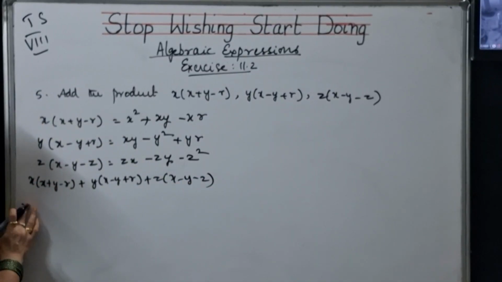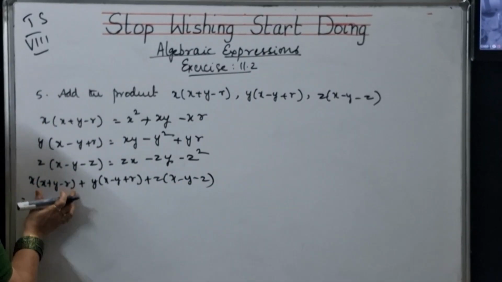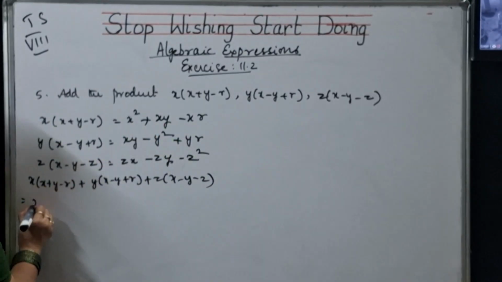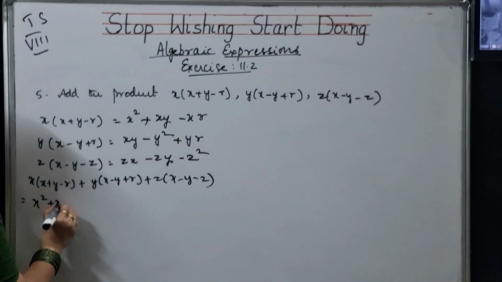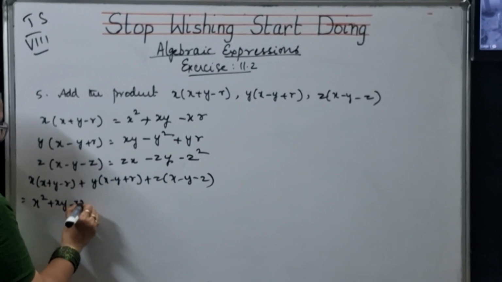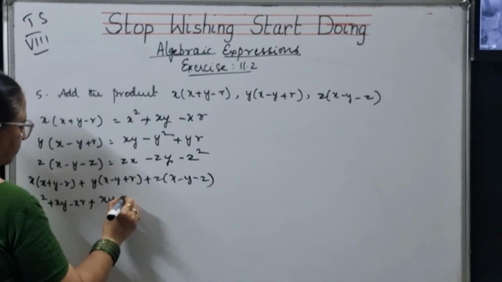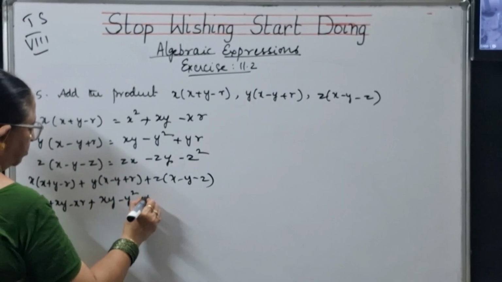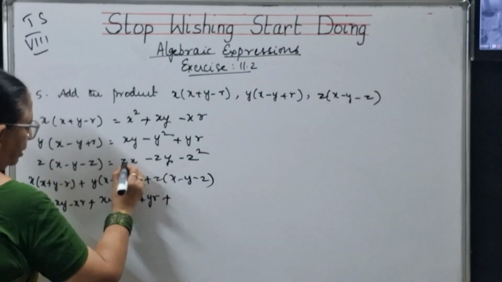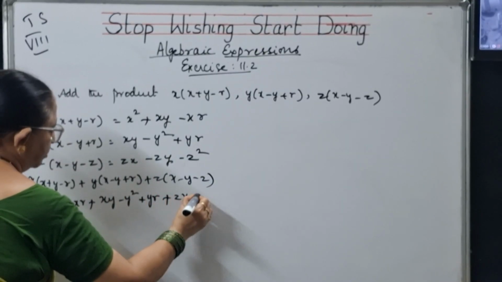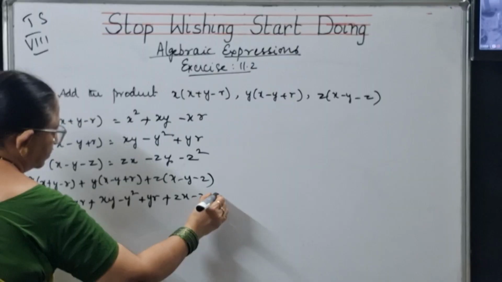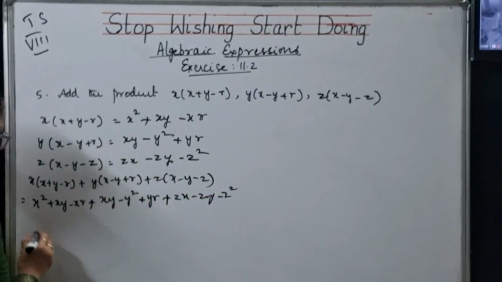This is equal to x square plus xy minus xr plus xy minus y square plus yr plus zx minus zy minus z square.